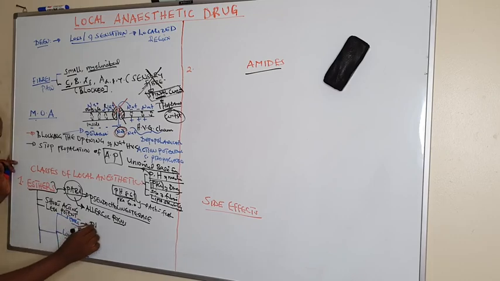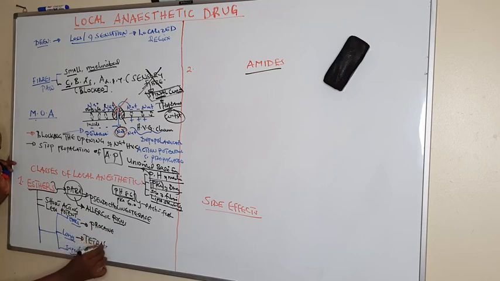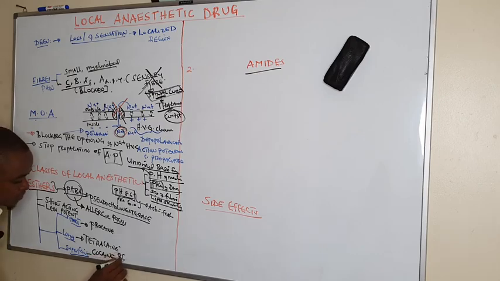Procaine is short acting. Then tetracaine is long acting. Then the ones which are applied superficially, we have cocaine. Cocaine is given superficially together with benzocaine.